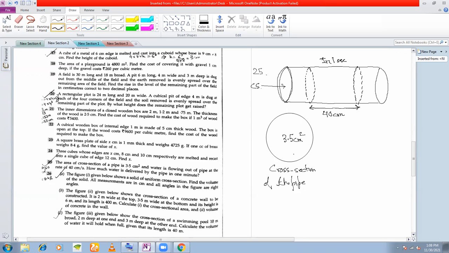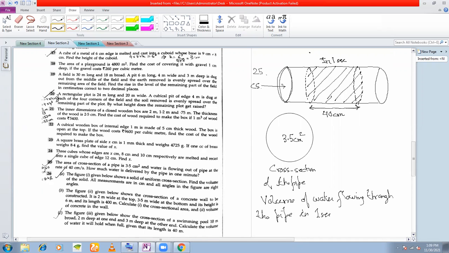So what is the volume of the water flowing through the pipe in 1 second? This much. You agree with this? This cylindrical column of water? Yes, sir. So what is the volume of water flowing through the pipe in 1 second?